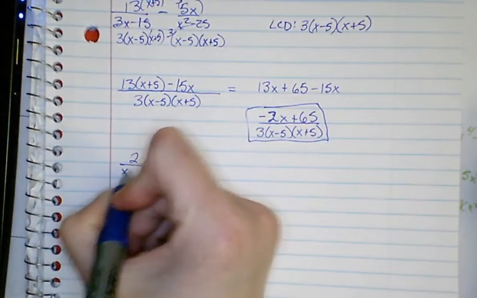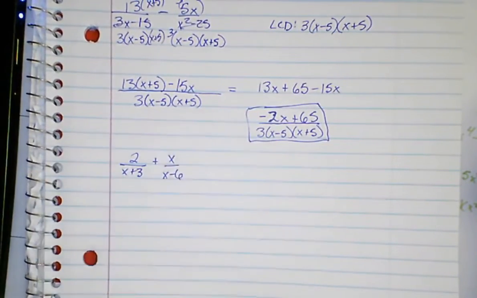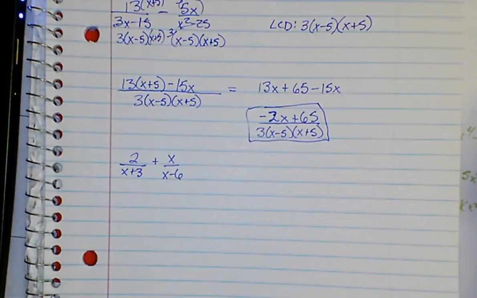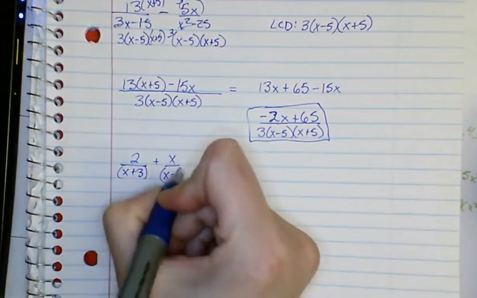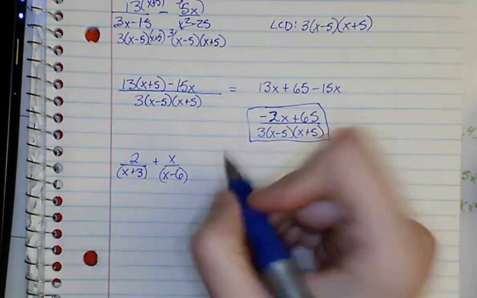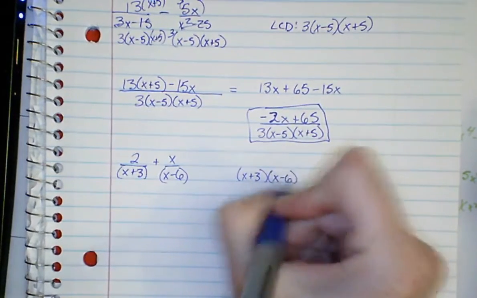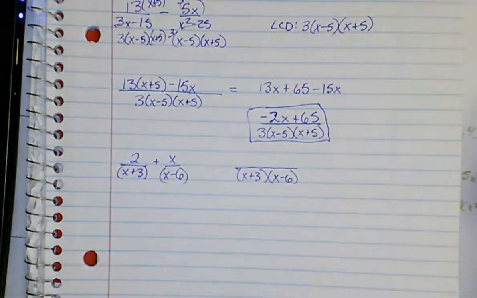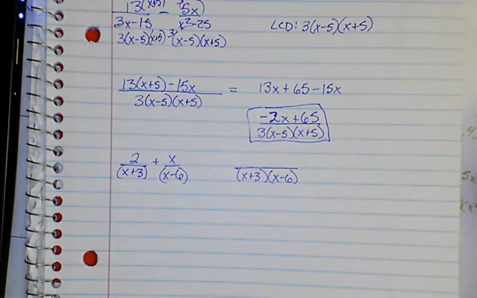Two over x plus 3 plus x over x minus 6. Our two denominators are prime, or they are their own factors. So our LCD is actually going to be each of those. And I didn't even write the LCD off to the side.